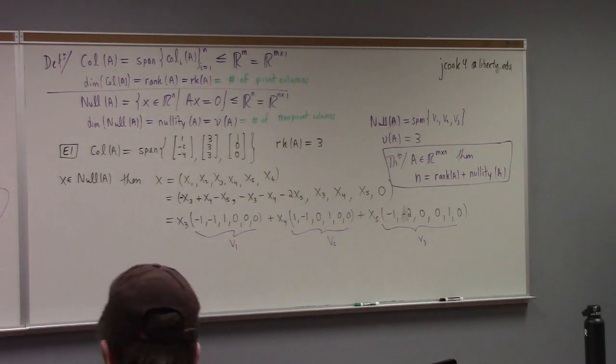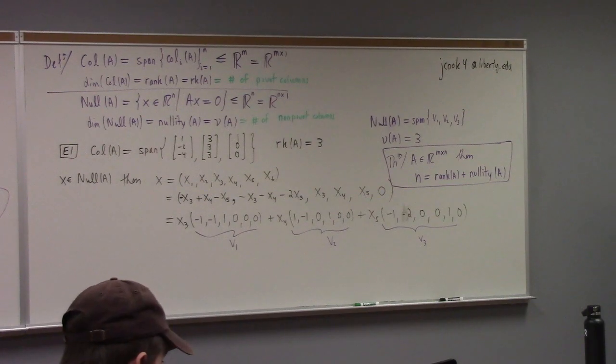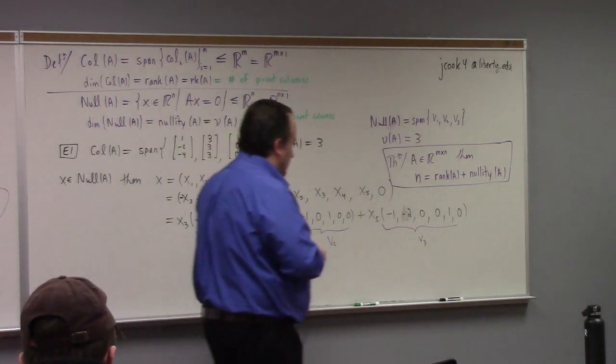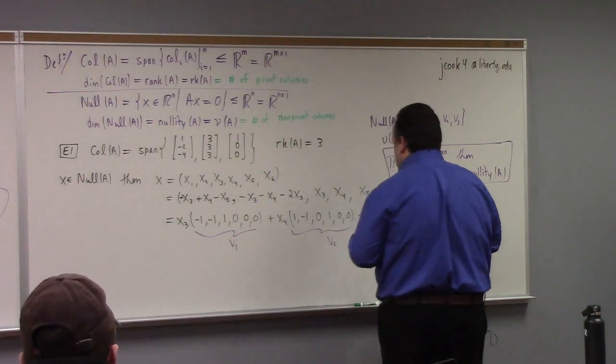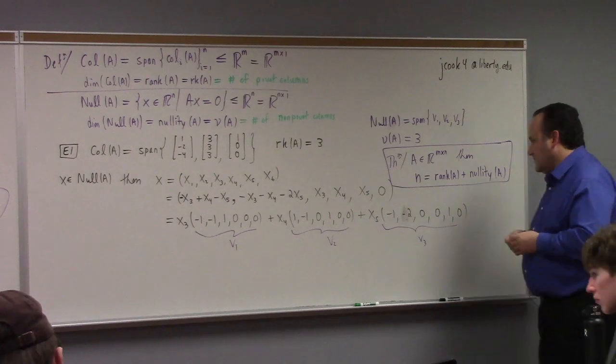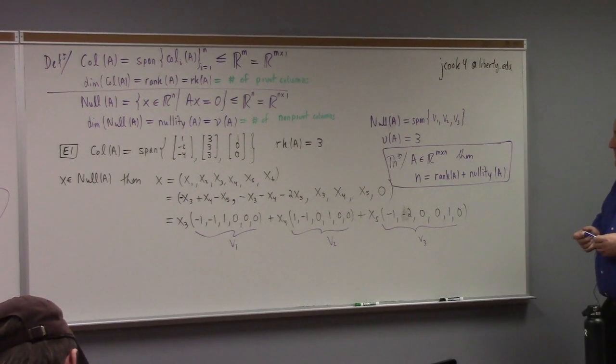But is there any way that it could be linearly independent with those 3 you have there? I'm not sure I understand your question. I might not agree. That's okay.